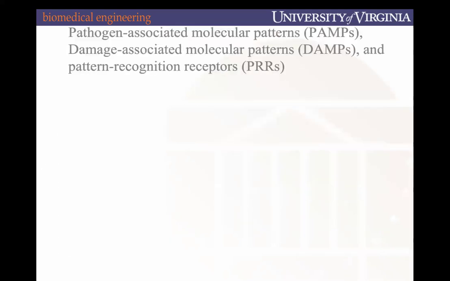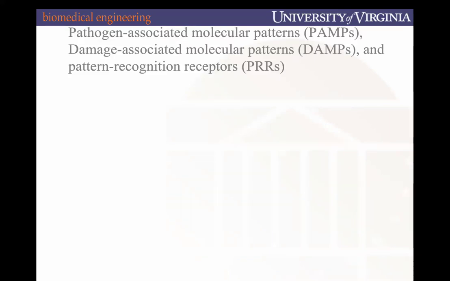I've talked about how there are certain patterns or features on the surface of pathogens that our innate immune system recognizes. There are two classes of these patterns. We have pathogen-associated molecular patterns, called PAMPs, which emerge from some sort of foreign invading pathogen.